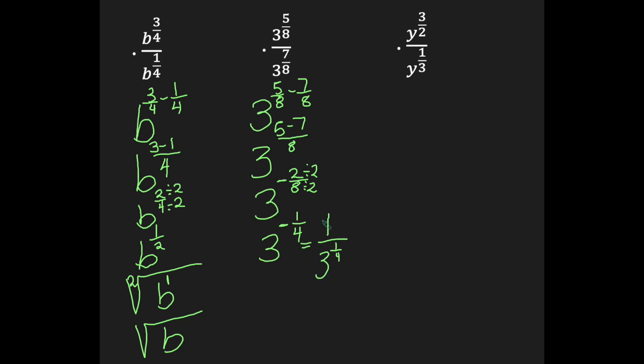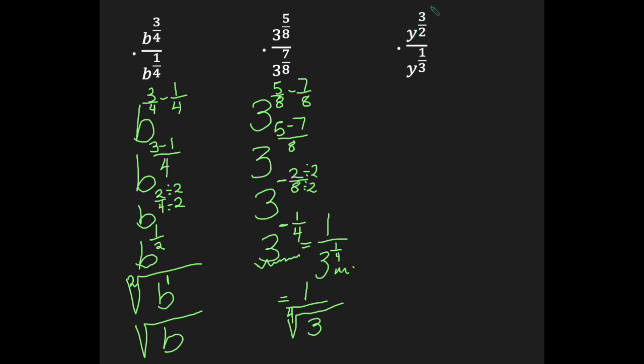If you don't see this 1 over 3 raised to the 1/4, then you're looking for its radical version, which is 1 over the radical sign, there's my 3, my root is 4, which goes here, and my power is 1, so I don't need to write it. So if you're on the test, this is your first answer. If you don't see it, change the negative exponent to a positive form. If you don't see this, then you need to change from the fractional exponent to the radical form.